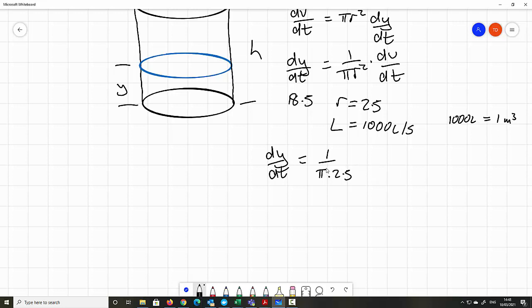So this is going to be 1 over pi times 2.5 squared times 1. If we put the numbers in, we get the rate of change of height is 0.051 meters per second, or if I multiply that by 1,000, we get 51 millimeters per second.